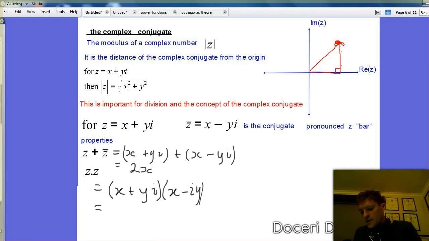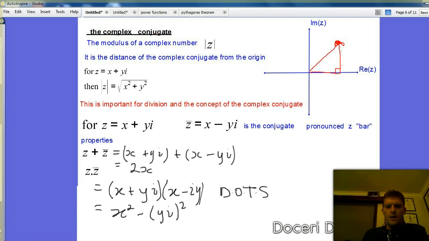You might notice that this is the same as the difference of two squares expansion. So that's equivalent to the first term squared minus the second term squared. Second term is yi, and in squaring i, we get -1. So the subtraction here becomes positive.